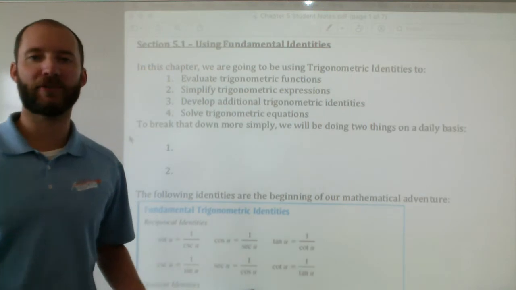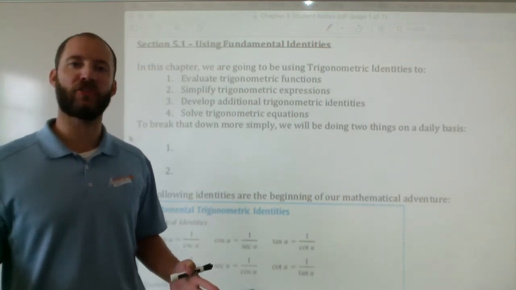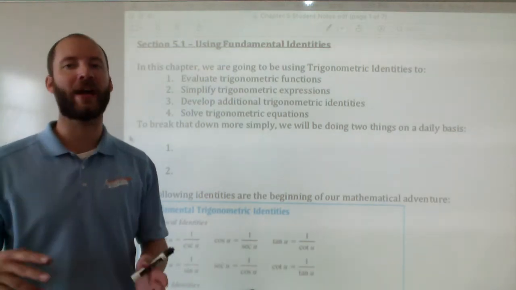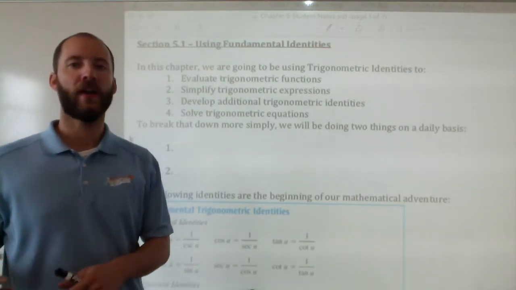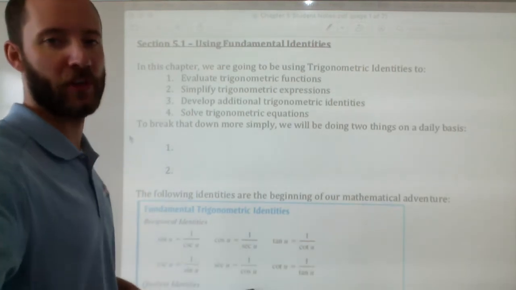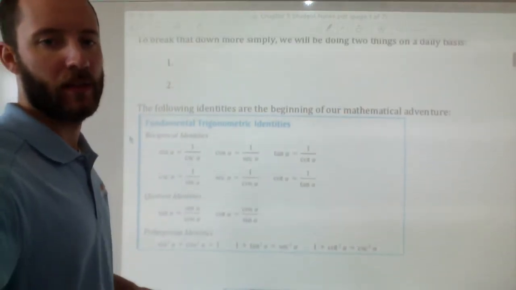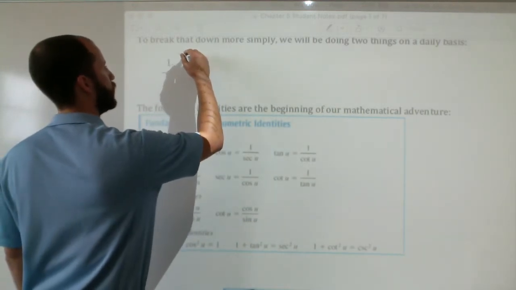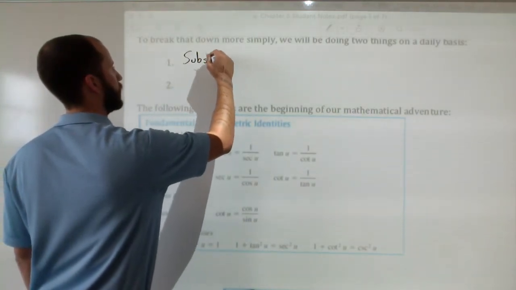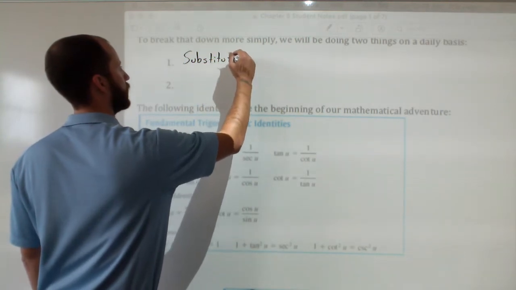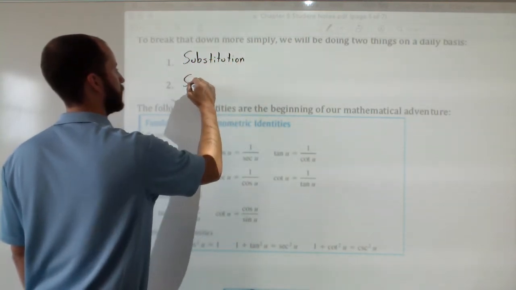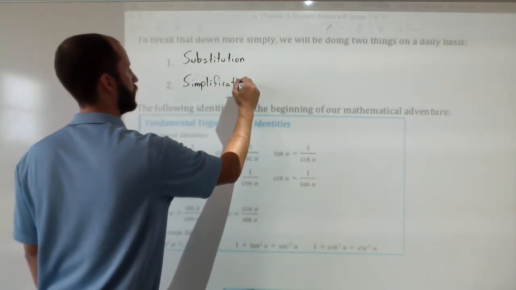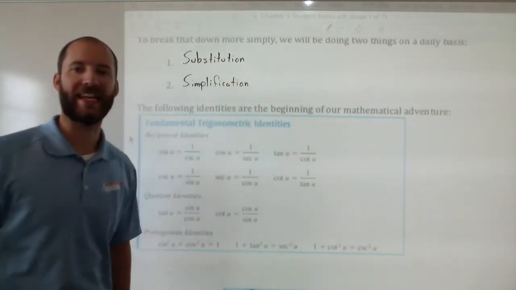But they're not the geometry proofs that you remember and love and cherish so dearly from geometry. They're not that two-column given, all that stuff. They're more algebraic proofs. So how we're going to accomplish those is mainly through these two tools: substitution and simplification.